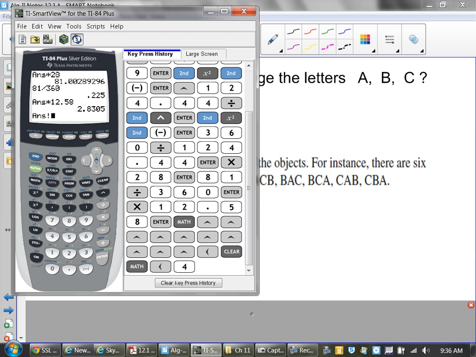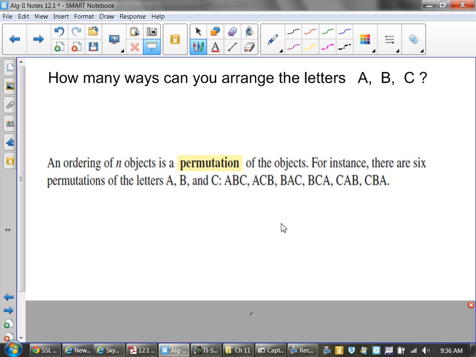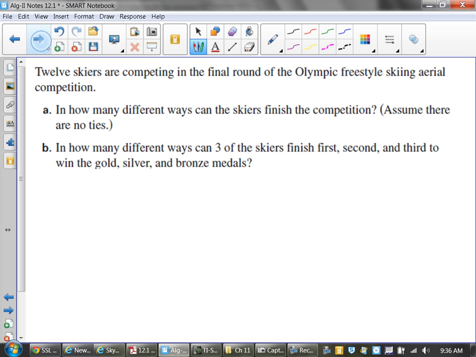That's how you get the exclamation point. So in this case, since there's 3, it would be 3 factorial, and that's where you get 3 times 2 times 1.